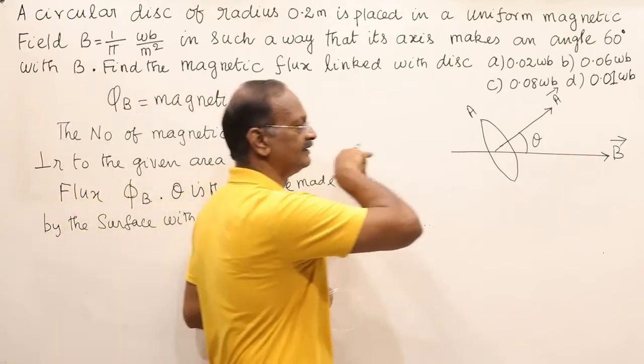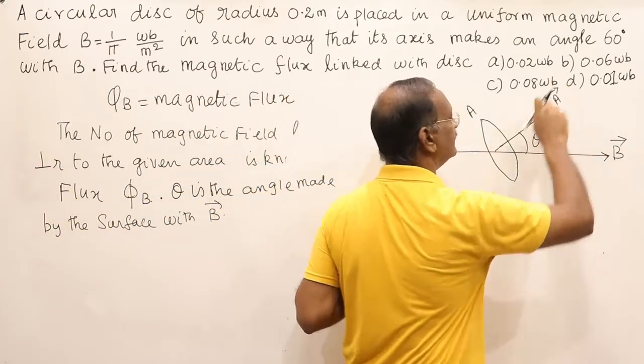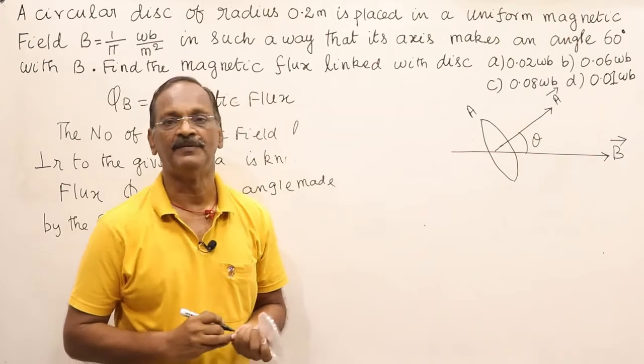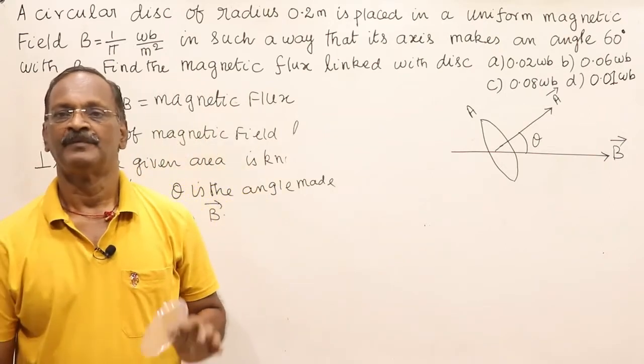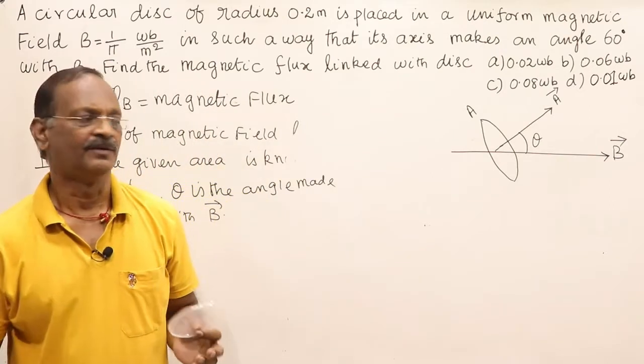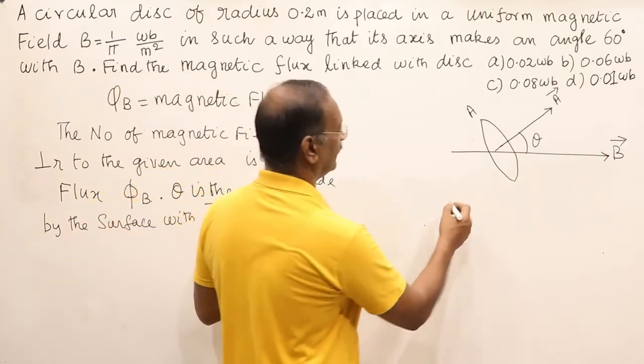This is the direction of the magnetic field, the plane is in this direction, and the angle between them is theta. So in this case, how do we define magnetic flux?